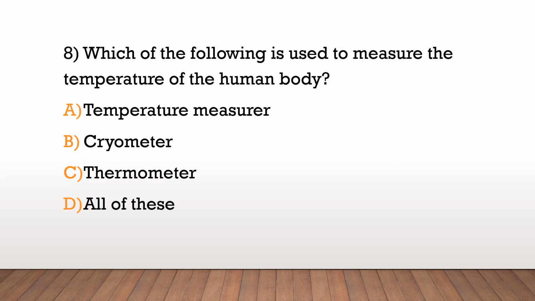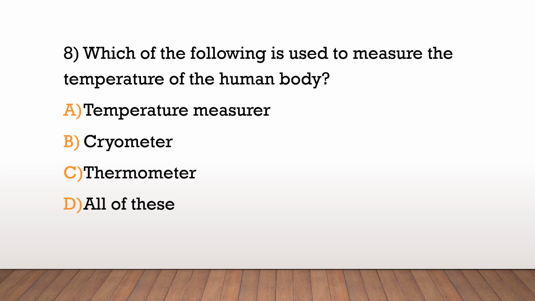Eighth question. Which of the following is used to measure the temperature of human body? A. Temperature measurer, B. Cryometer, C. Thermometer, or D. All of these. Actually, all of these measure the temperatures.